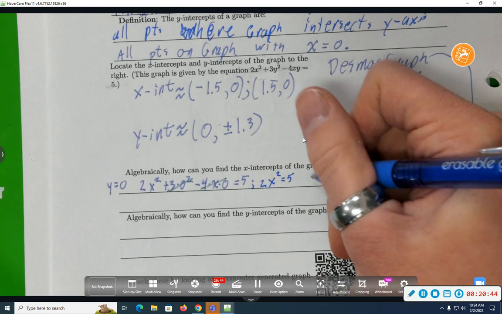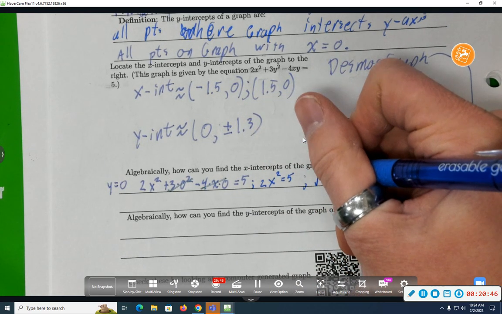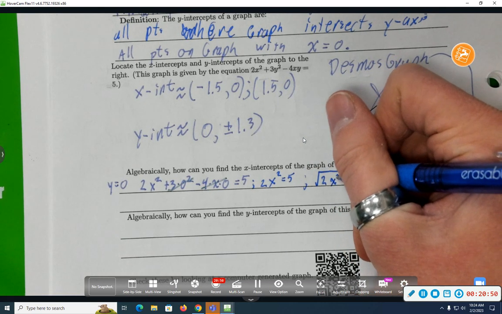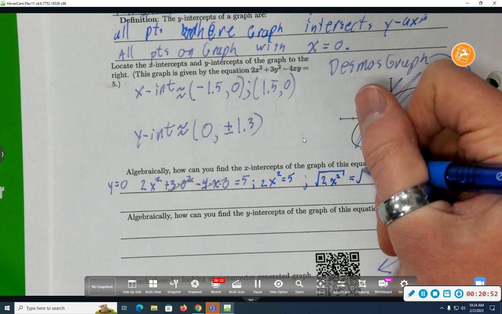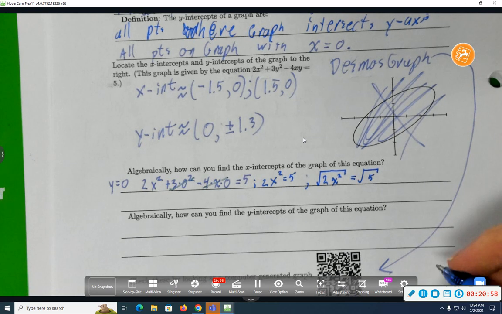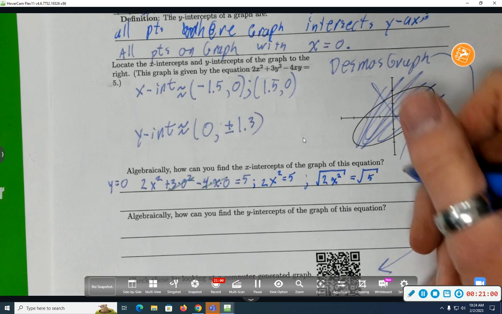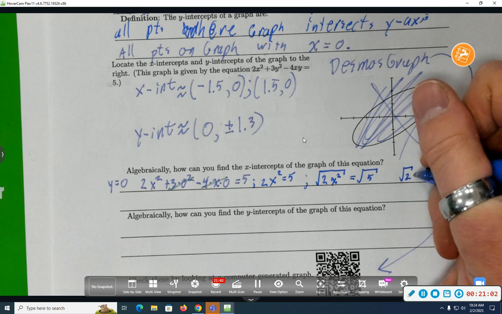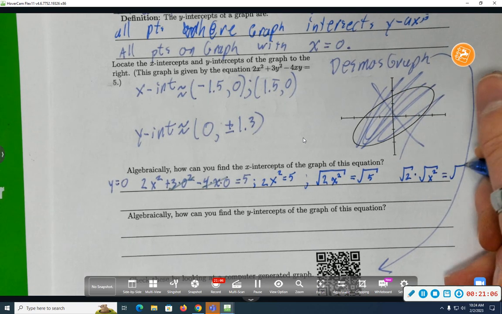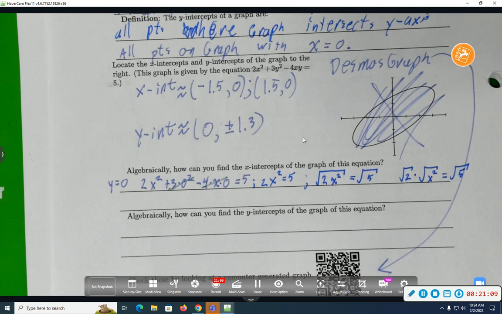So this would become, and this isn't wrong, but this will result in a potential error, the square root of both sides. So you see how there's that 2 under the square root? It's not a disaster because square root does behave nicely under multiplication. But you do have that square root 2.